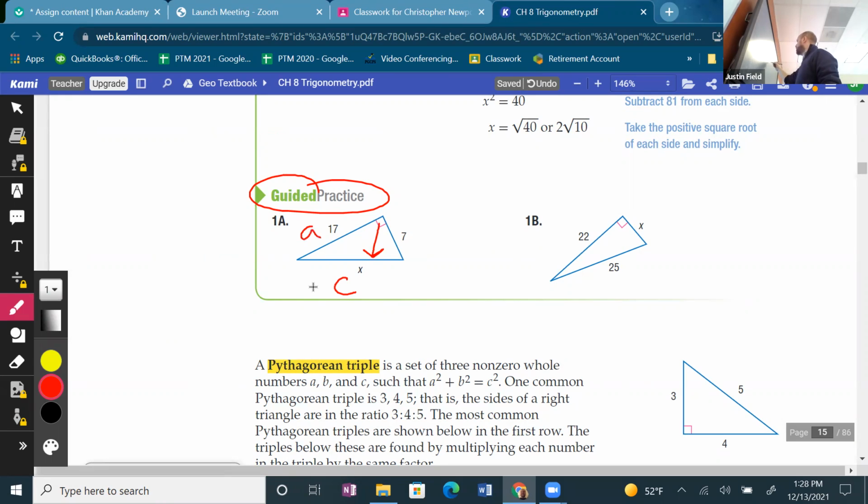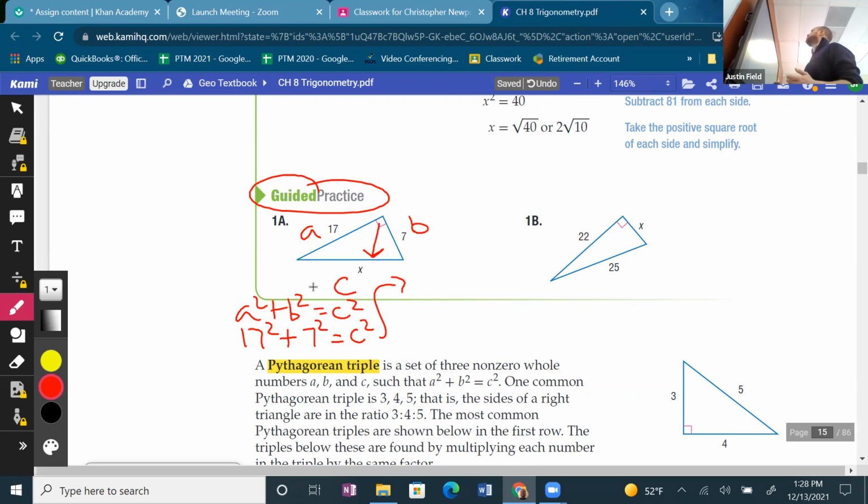I'm going to make A 17 and B 7, and now I know a squared plus b squared equals c squared. Substitute in: 17 squared plus 7 squared equals c squared. And then we just square 17 and square 7.